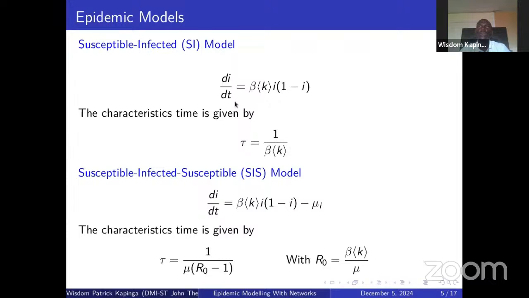So if you're in a population and there's an outbreak, what is the likelihood that you get affected? We represent that probability by beta, and this K we refer to as the number of contacts each individual has. For example, if you're in Malawi and there is an outbreak here in Malawi, we look at the average number of contacts of each individual.